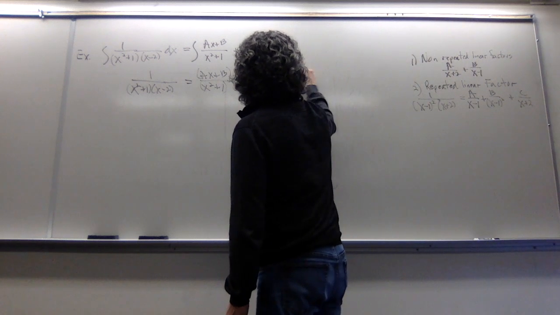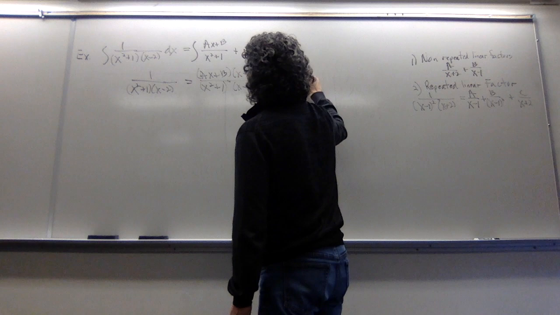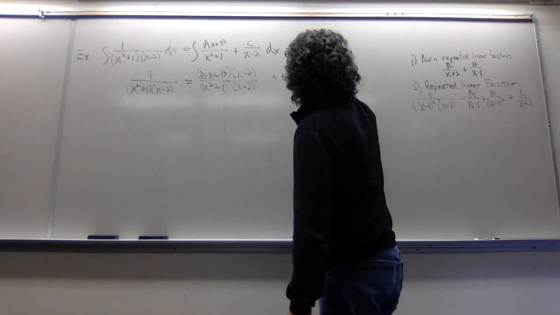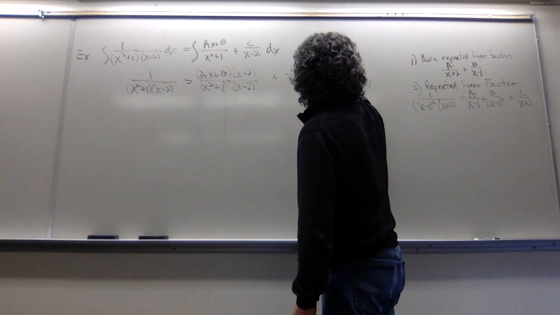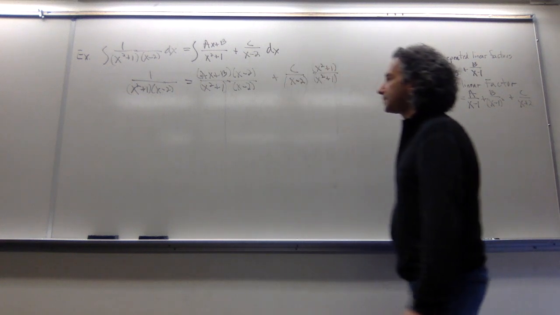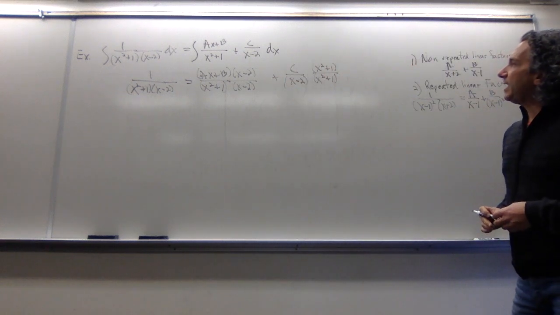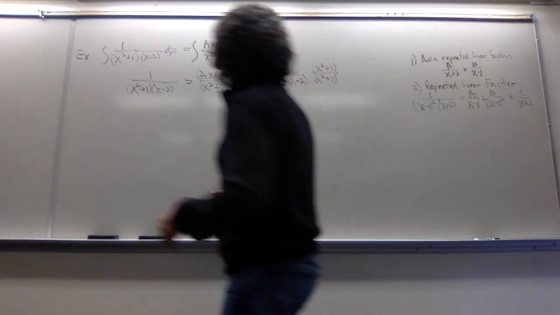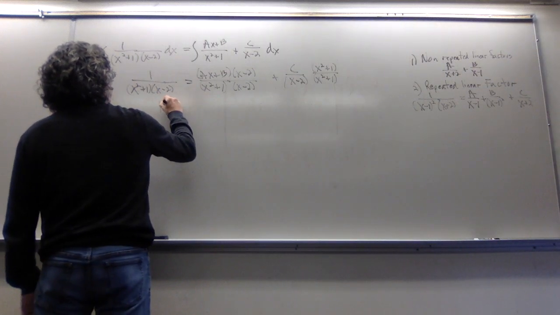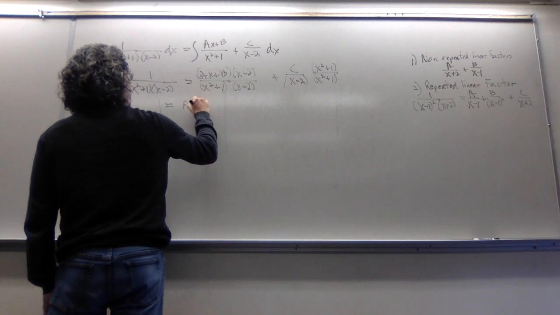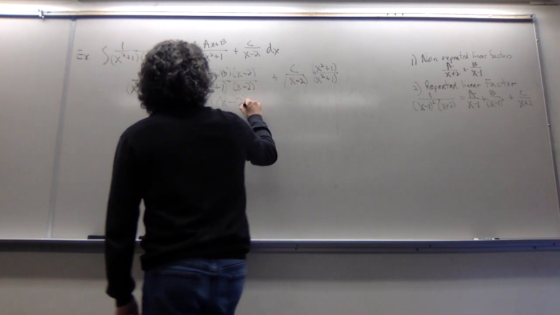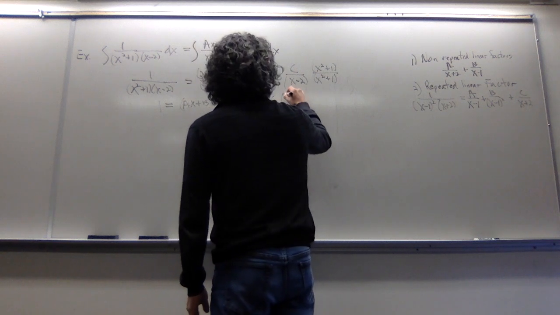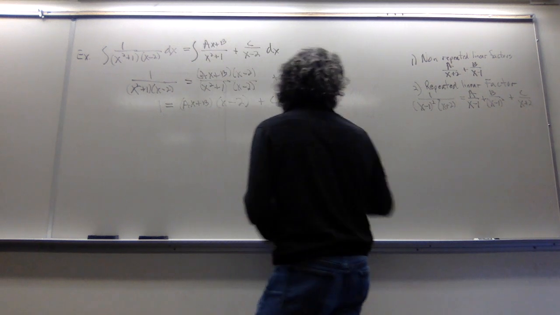So it's missing x squared plus 1 over x squared plus 1. So once again, let's set tops equal to each other. So we get 1 is equal to Ax plus B times x minus 2 plus C times x squared plus 1.